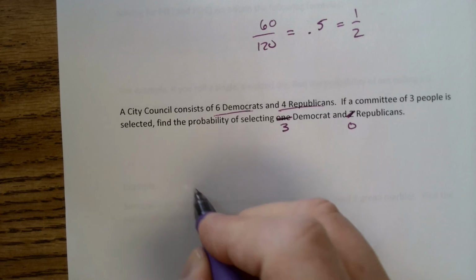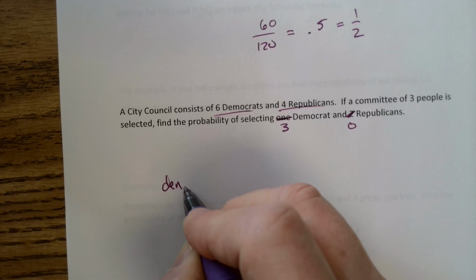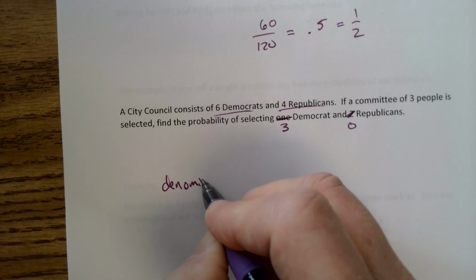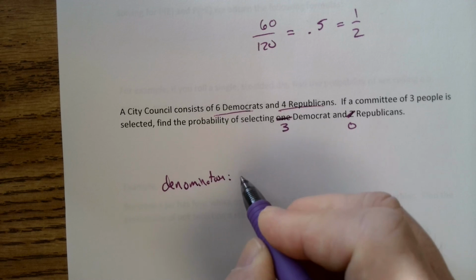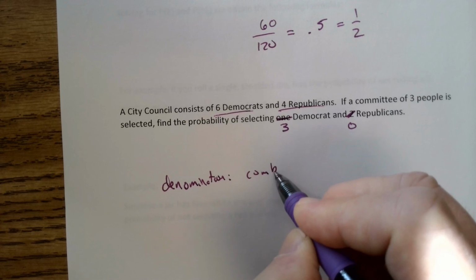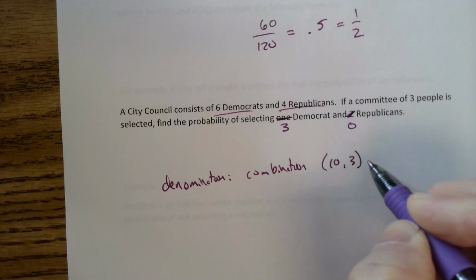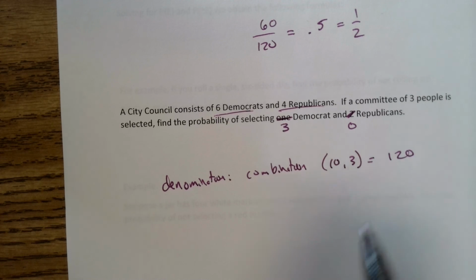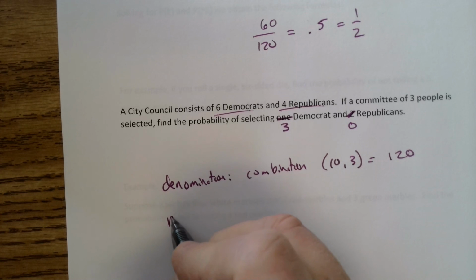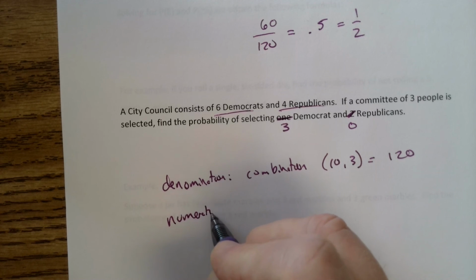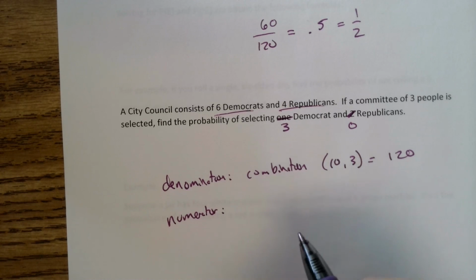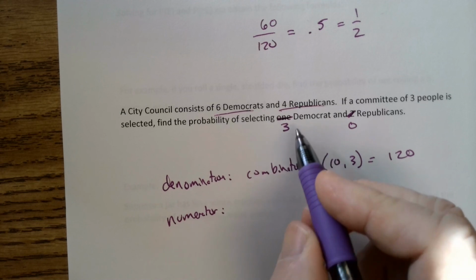So the denominator is the same as the previous one. It's a combination. 10 people, I'm picking 3. Okay, so then the numerator. I want to pick all 3 Democrats.